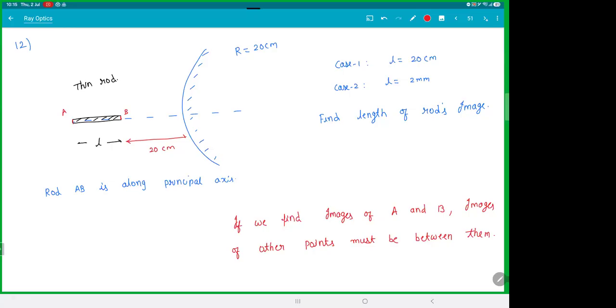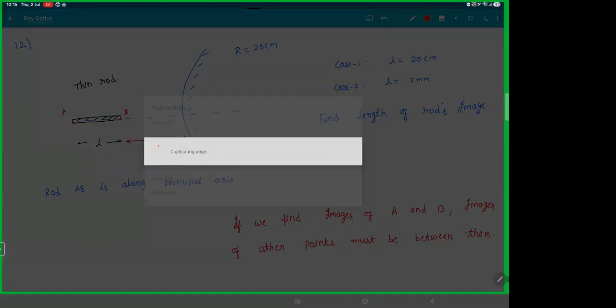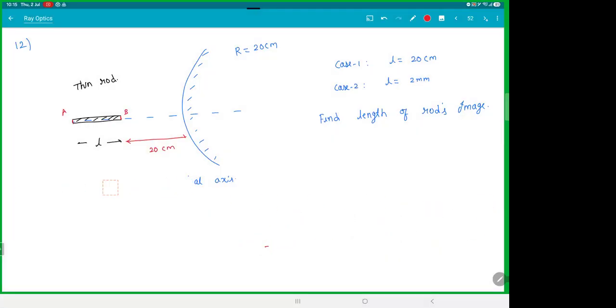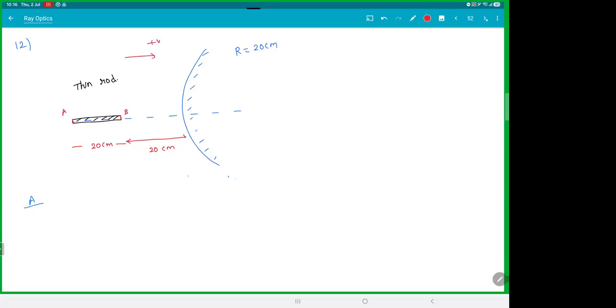So let's see. The second one is also a good one actually. We just need to find the images of A and B. If I take case one, this is 20 centimeters. First of all, for A, the light rays are going to the right side. So right is positive. For A, u is minus 40.